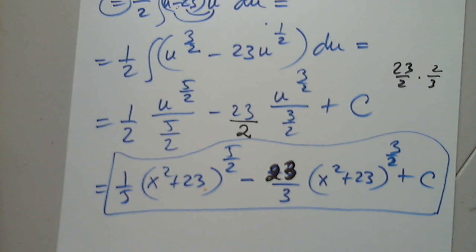So 1 over 5, open, x squared plus 23, close, power 5 over 2, minus 23 over 3, x squared plus 23, and now the power 3 over 2.